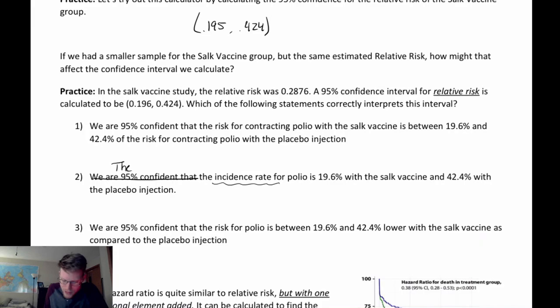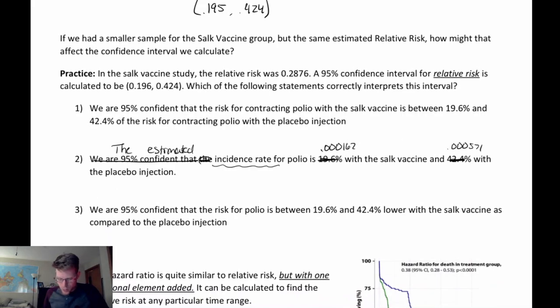The estimated incidence rate for polio is 0.00016 something, 162, and 0.000571, or 0.0571% for the placebo. So that statement would be correct. But the confidence interval is not telling me what the incidence rates are for each group. It's giving me an interval for what the true relative risk is in comparing those 2 risk rates.